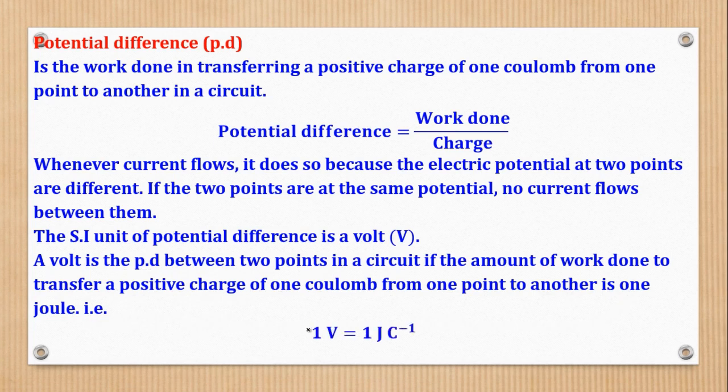So that means that the SI unit of a PD is volt. From this definition, another unit for PD can be joules per coulomb. So any of these two is okay. You can either write volt or joules per coulomb. So term number 3 was potential difference.